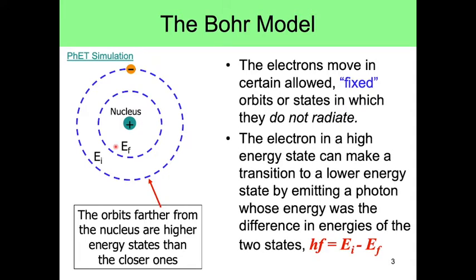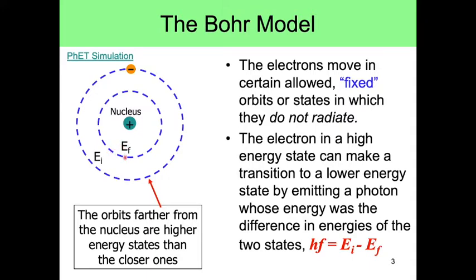So here's the important part. The electron in a high energy state, right now in the initial state, can make a transition to a lower energy state, so it can come down to this smaller radius orbit by emitting a photon whose energy is the difference of these two states.